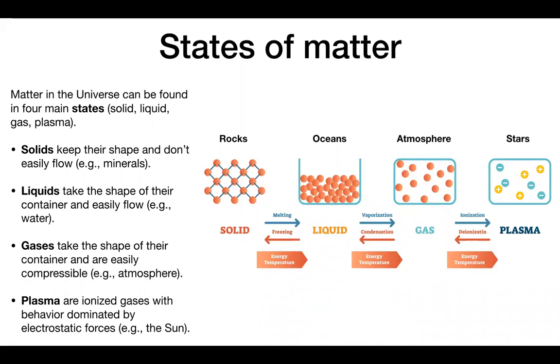Examples of geological fluids include water in the ocean and lava. In a solid, particles are locked into place with little space between particles. Hence, a solid does not flow easily.